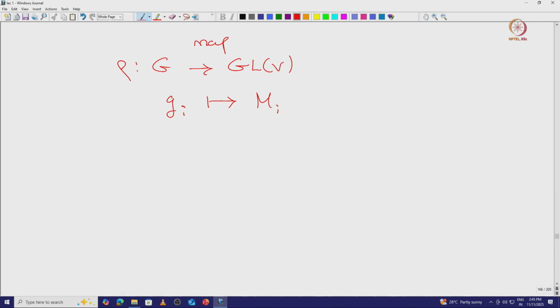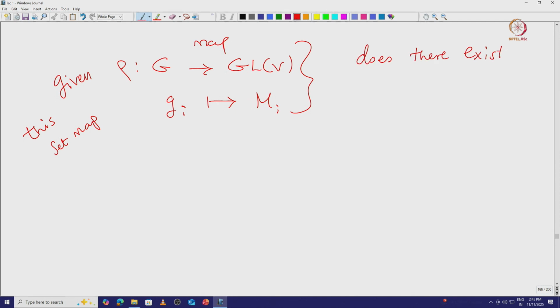If we start with some set map like this, does there exist a group homomorphism rho from G to GL(V) such that rho of g_i equals M_i?